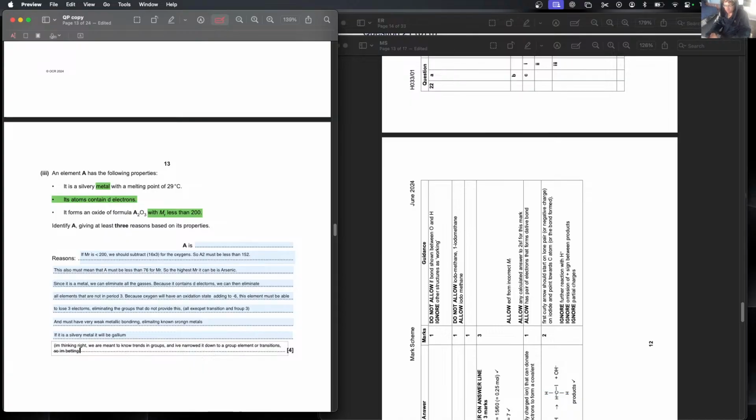So I'm betting group 3 follows the trend of being silver. Gallium.